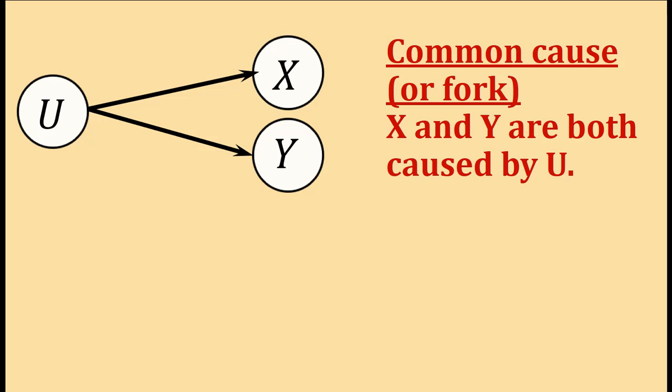Another pattern that we can find with three variables is called the common cause or the fork. So x and y are two variables that have a common cause. So there is a variable that, when we put u, is unknown, that is producing changes in x and y. Now, this is a problem when we try to find a causal link between x and y.